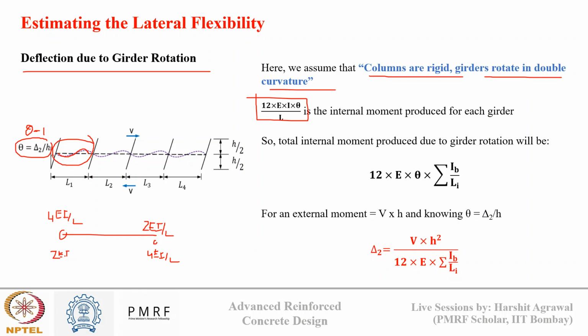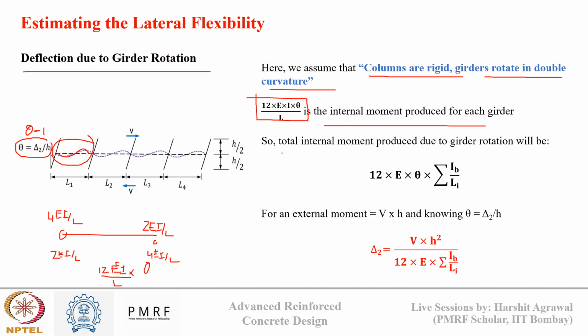So if I sum the total, it gives me 12EI by L. This value is for a unit rotation. For a theta rotation, it will be 12EI by L times theta. That is how we got the internal moment produced in each girder due to theta rotation.